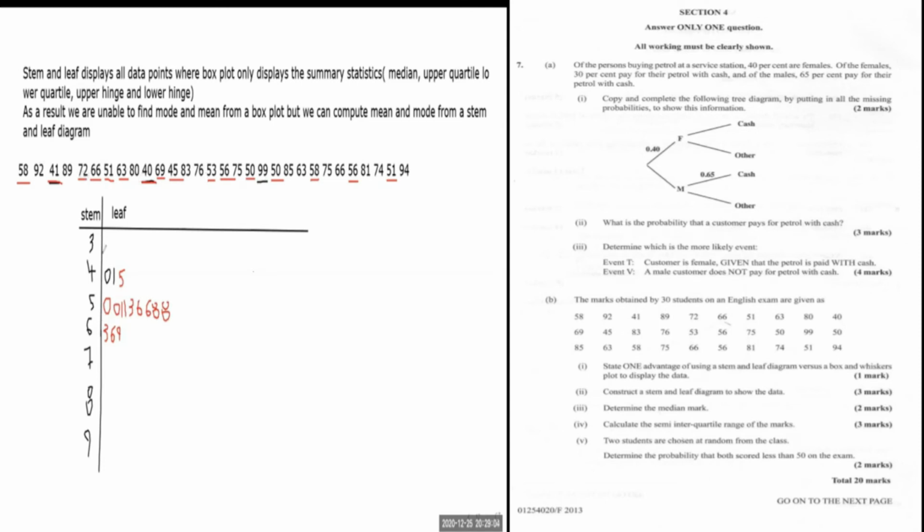Now we see a 72. And this is a 74. And let's see a 75. And let's see a 75 here. And what else now? Here's a 76.